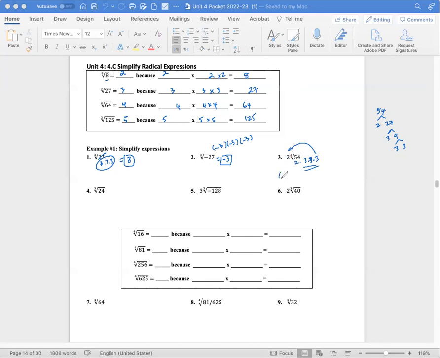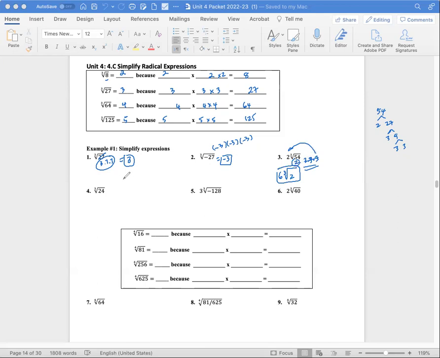So that becomes 6. Don't forget it's cube root. I always tell the students to be careful here. The cube root is a small 3 on the radical side. And then what's left on the inside? We have 2 left on the inside because the 3s were gone. So this is 6 cube root of 2.